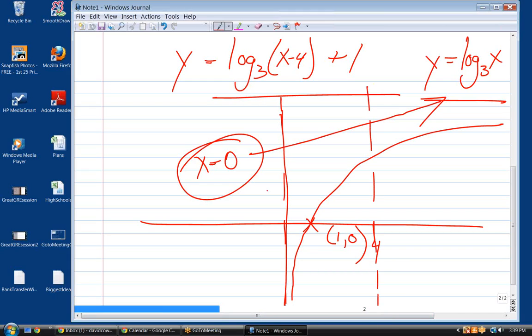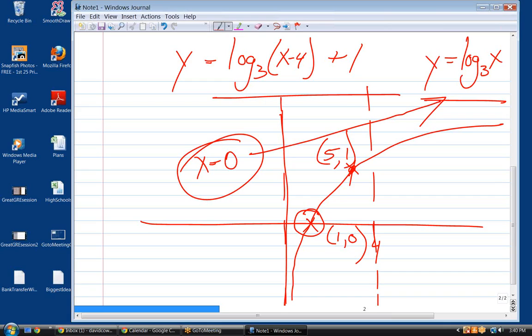Now this function is going to be asymptotic with this vertical line, and I know that the key point in the elementary function is going to shift 4 to the right and 1 up. So the point 5, 1 is in my function. We'll call that 5, 1, even though it doesn't look like it. Doesn't matter how I graph it. That point is in our function.